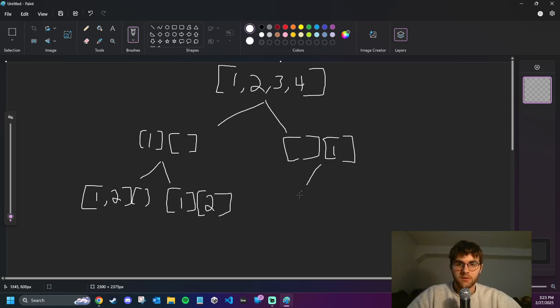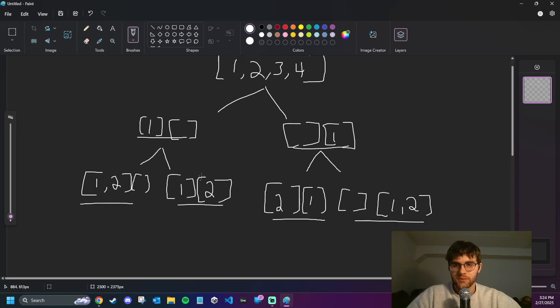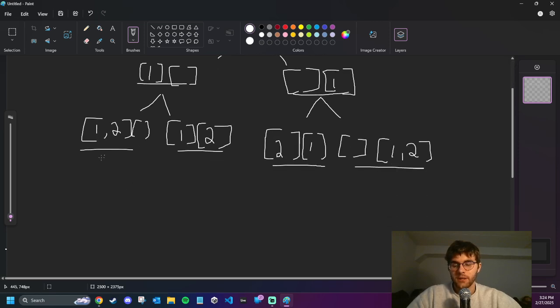Same thing. So here we can add it to the left subset, we get 2, 1. Or we can add it to the right subset and we get an empty list and then 1, 2. Okay, now from each of these, I'm just going to underline these to more rigidly define each subproblem here. Then we can add 3 to either one.